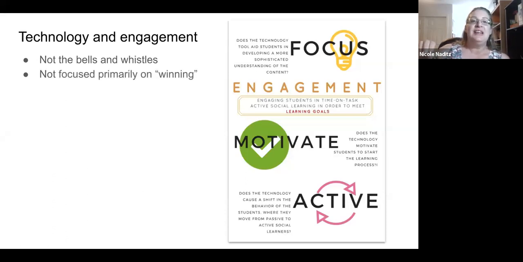And engagement isn't focused primarily on winning. Again, even though that is a factor that can be motivating to some learners to participate. It motivates them to participate, but it may not motivate them to better understand the topic that the questions were about, or to try harder, for example.